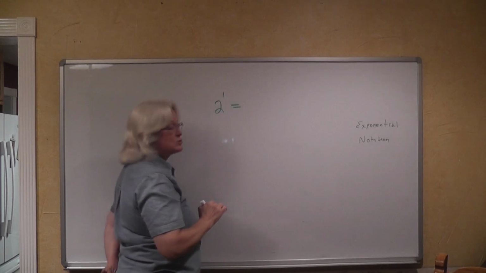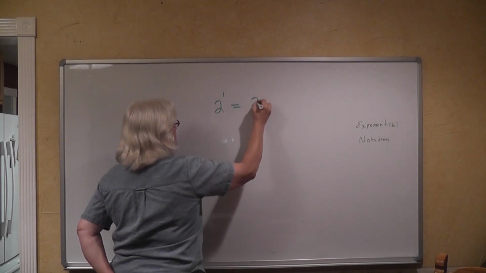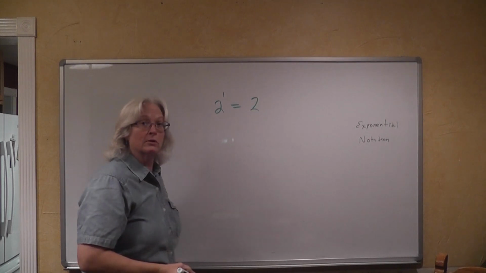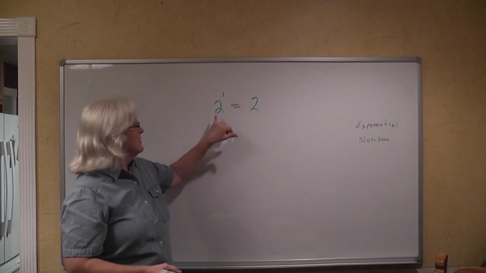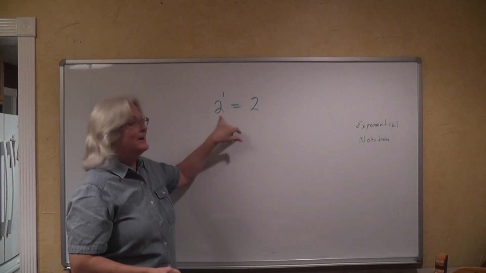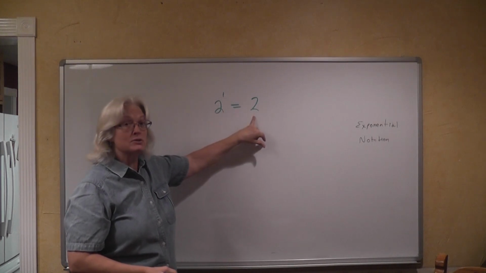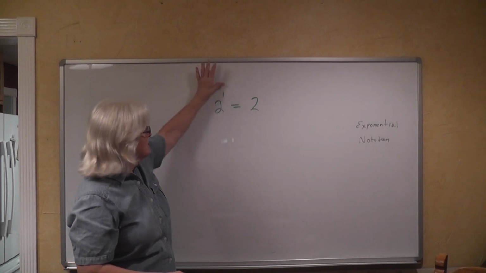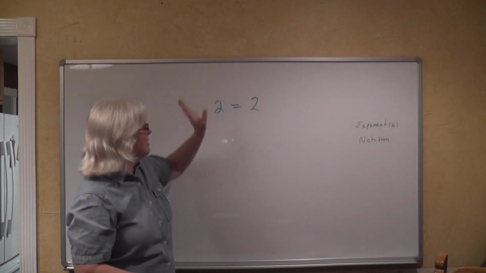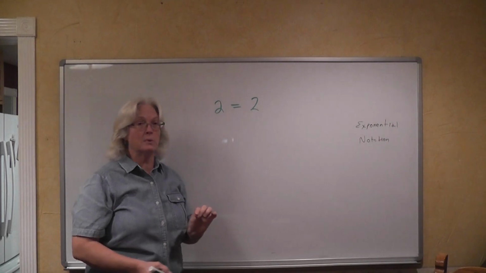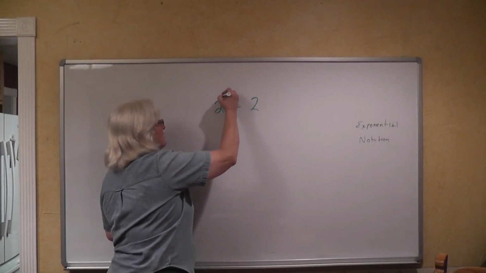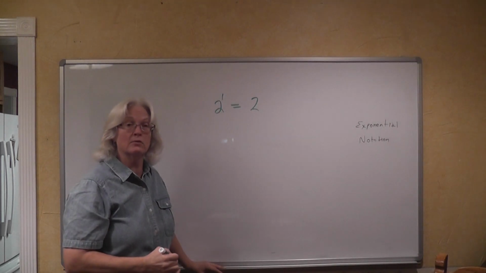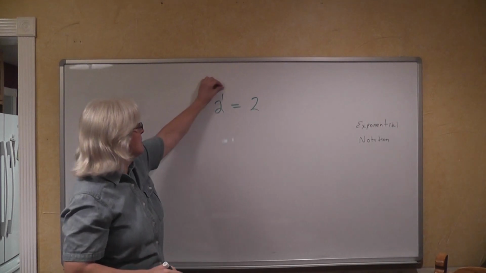Using our exponential rules, that's just the base used as a factor 1 time. So 2 to the first is the same as 2. So we typically are not going to indicate an exponent of 1. We understand that it has an exponent of 1, but we're not going to show it.